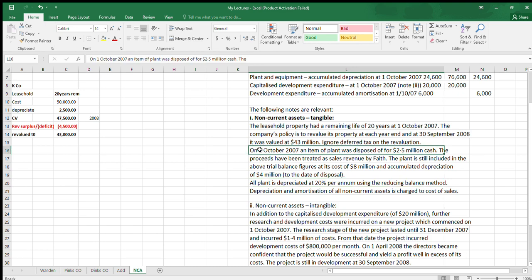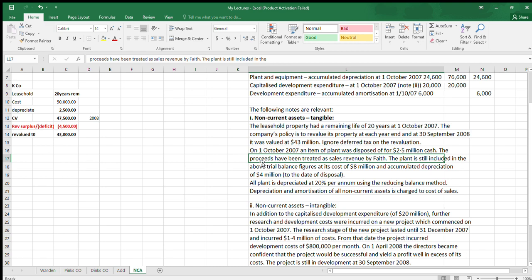On 1st October 2007, an item of plant was disposed of for 2.5 million cash. The proceeds have been treated as sales revenue, which is wrong. The proceed is never a sales revenue because the company is not dealing in plant and machinery.